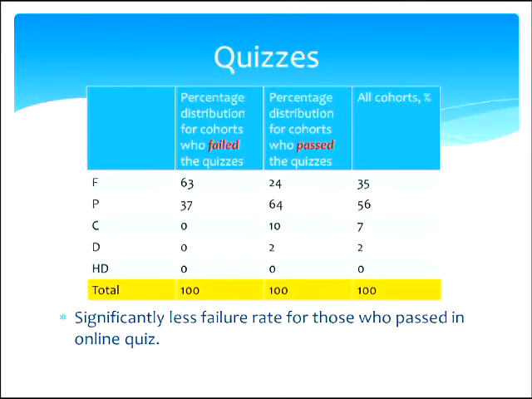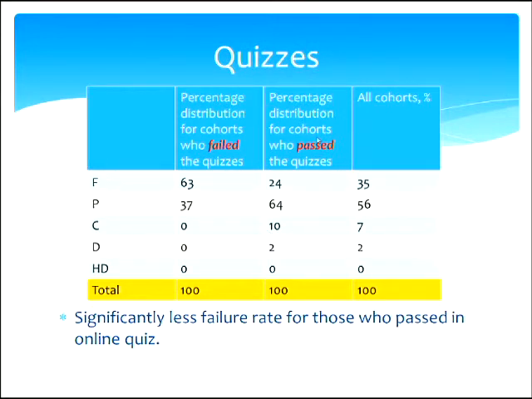Now I looked at a bit more analysis of the quizzes and the tutorials. Here is the percentage distribution of cohorts who failed the quizzes. You can see that 63% failed the unit, and about 37% passed the unit, with no credit, no distinction, no HDs in that cohort.